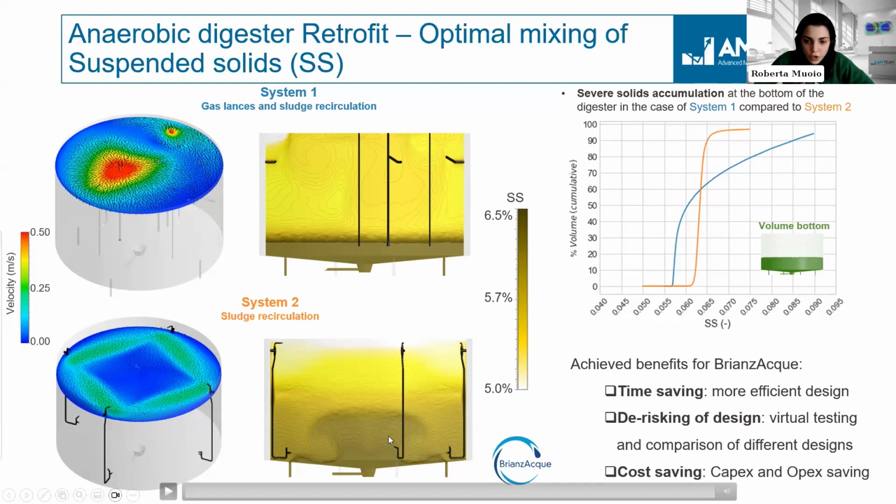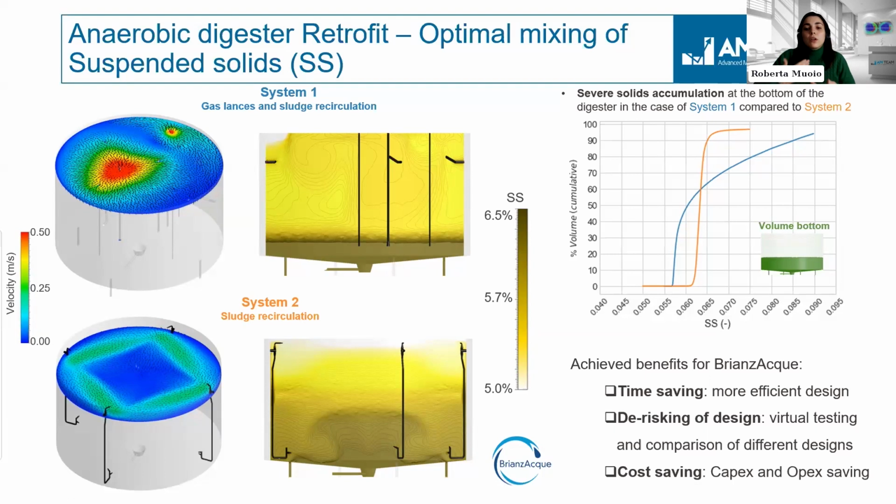In system 2, this can be minimized thanks to this better and enhanced mixing due to the nozzles injection. And finally, we could quantify the improvement by looking at the suspended solid distribution in this bottom part of the digester that is more difficult to mix because of the tendency of the solids to accumulate at the bottom.